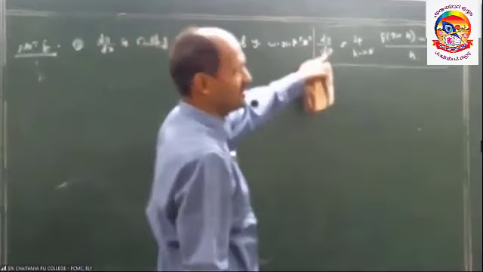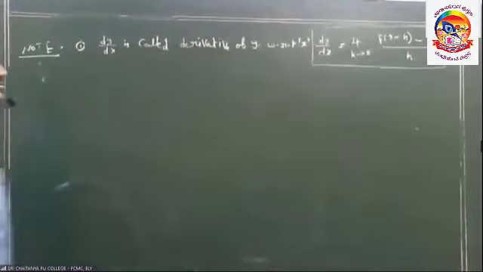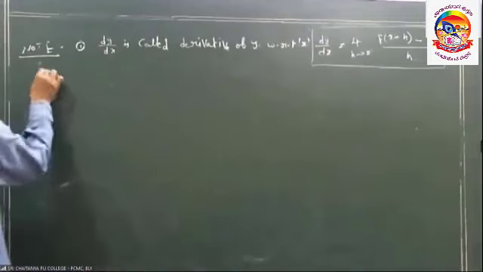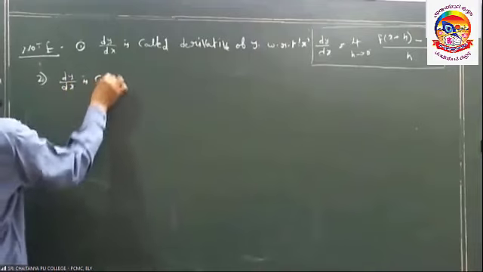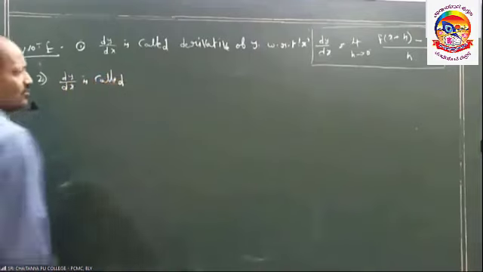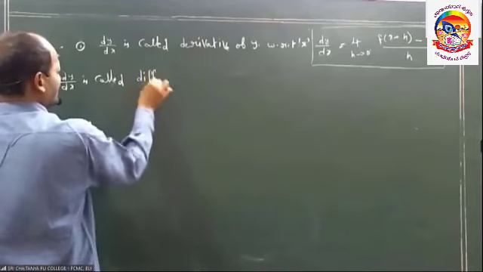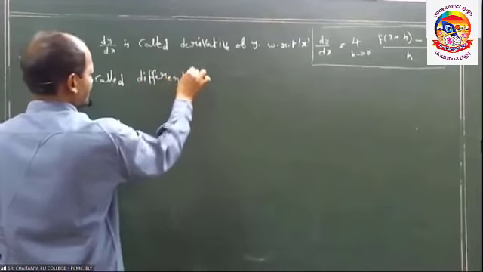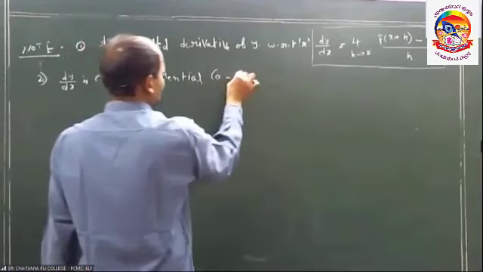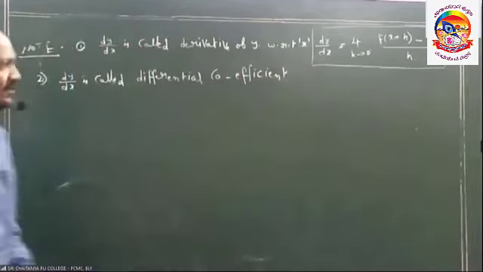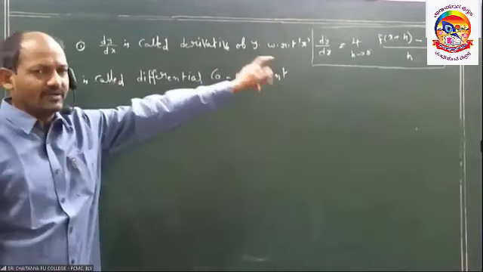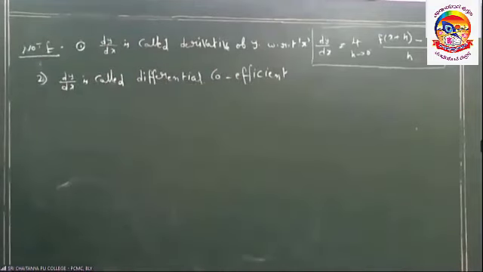Dy by dx is also called the differential coefficient. So the first point, dy by dx is called derivative of y with respect to x, or dy by dx is also called differential coefficient.